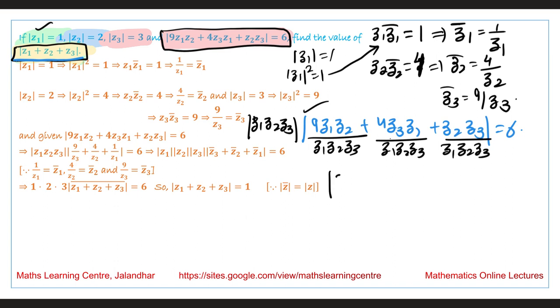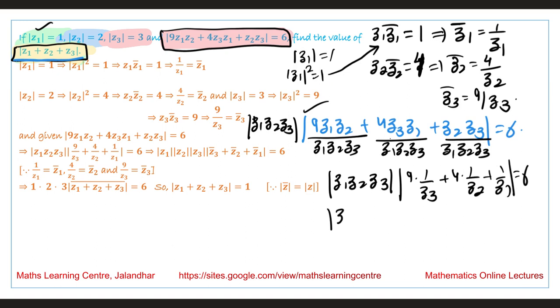So what we get is mod of z1 z2 z3 into mod of, now look at this term over here, this will become 9 by z3 plus 4 by z2 plus 1 by z1, which is equal to 6.